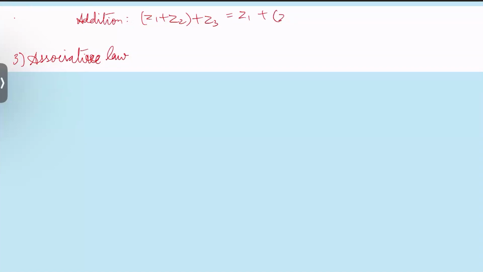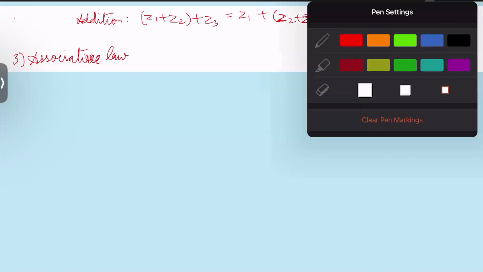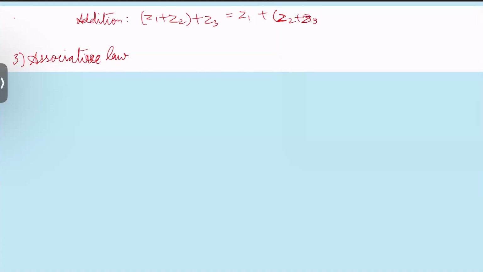Let's see the third law, which was the associative law. In the addition part, we saw that the associative law said that Z1 plus Z2 plus Z3 is equal to Z1 plus Z2 plus Z3, with the grouping changed. This is what we had seen for addition.